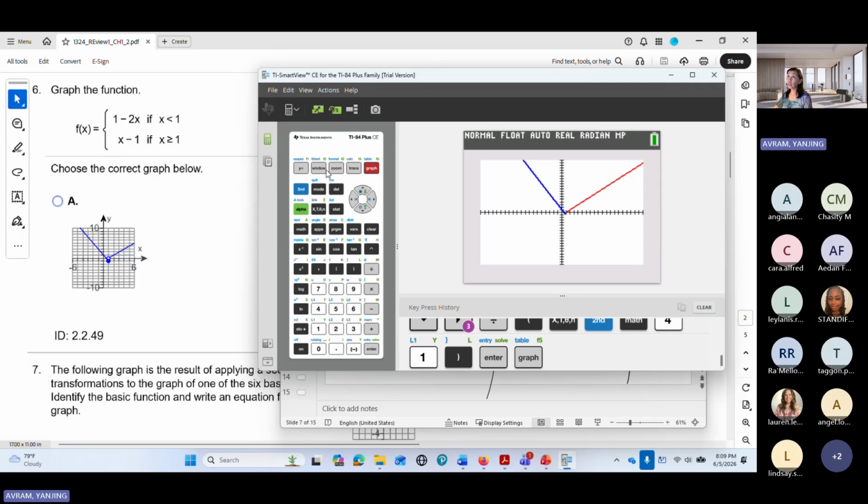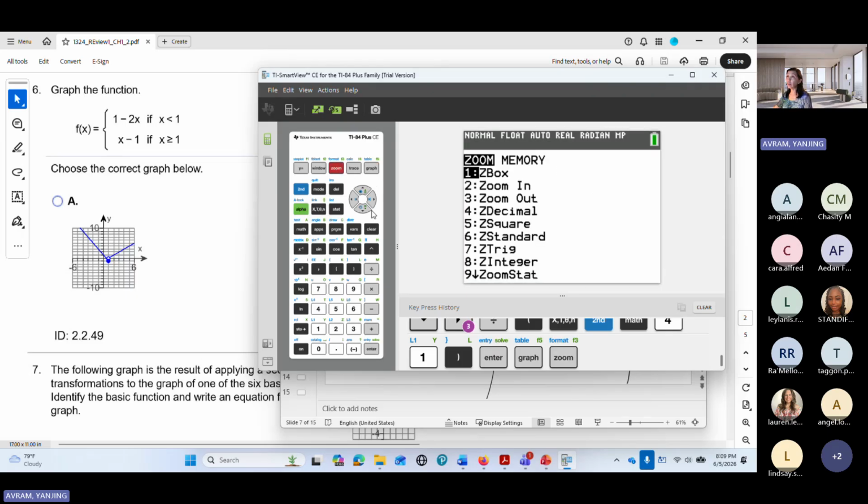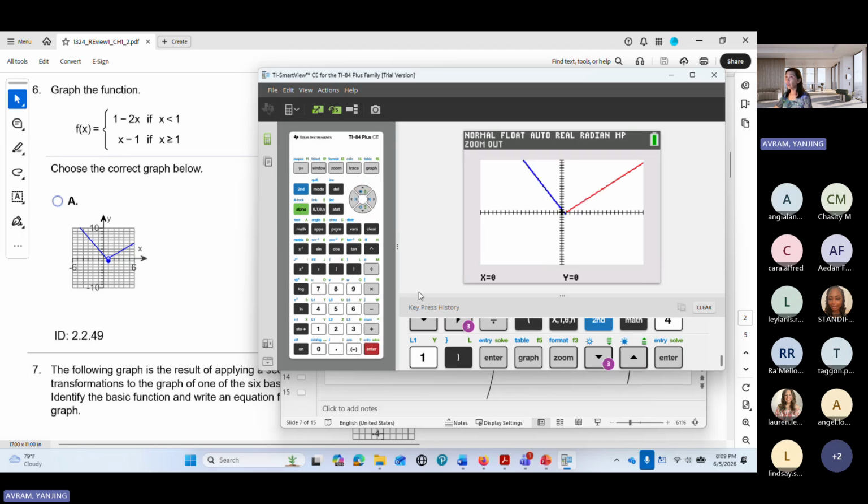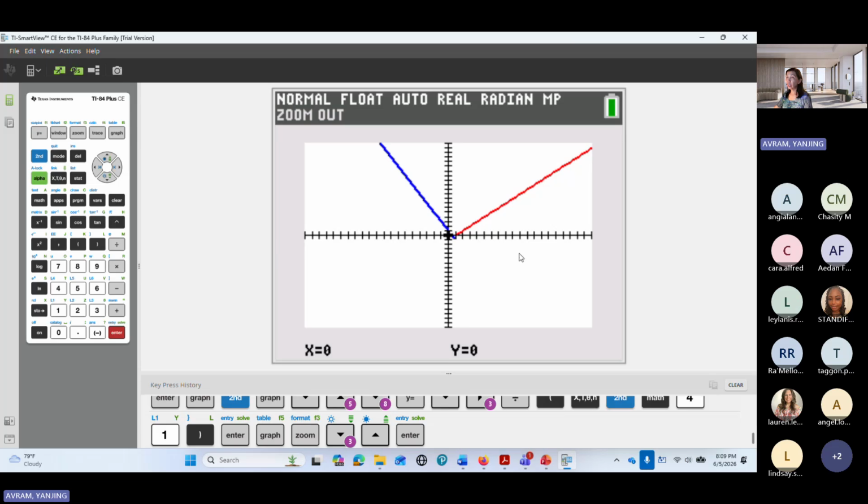Okay, and you can zoom in, zoom out, a little bit clearer, that one. And don't forget, this one doesn't show the solid dot and circle very clearly, right?